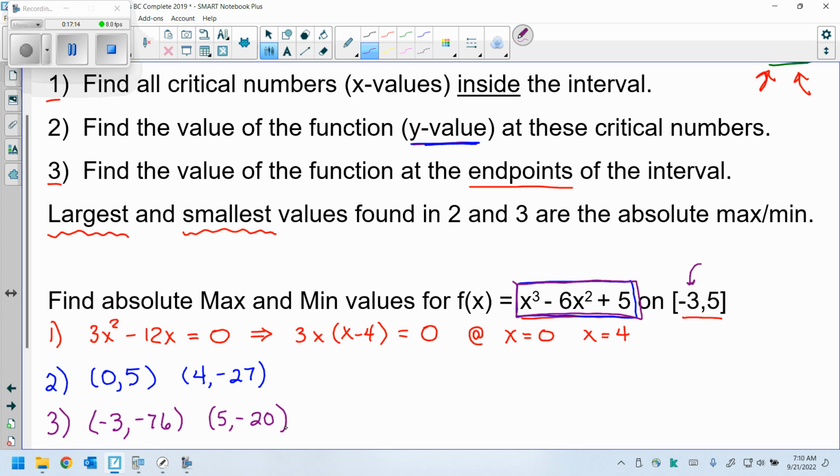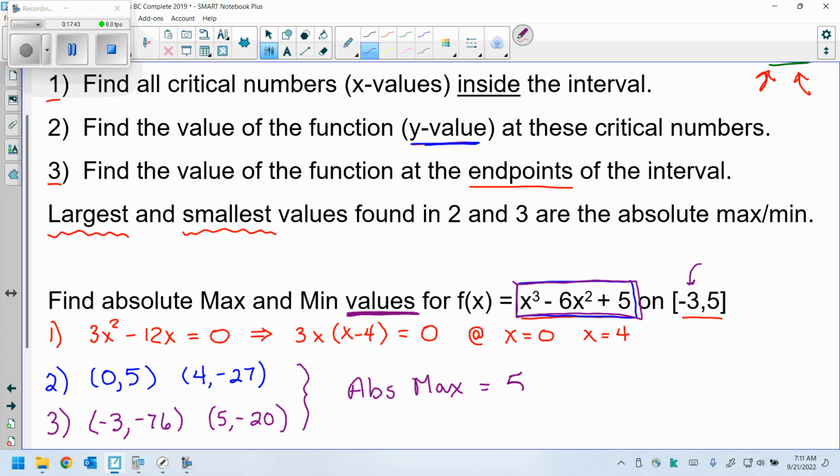Now the question says find the absolute max and absolute min values. I've got to answer the question the way it was asked. And the absolute maximum value, the biggest y value that I got of all of these points right here, I think the absolute maximum value is equal to 5.